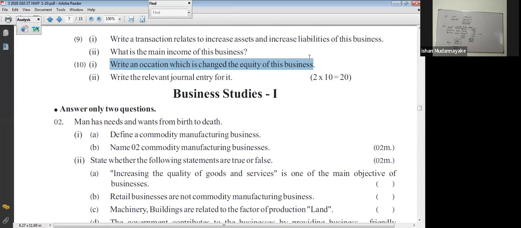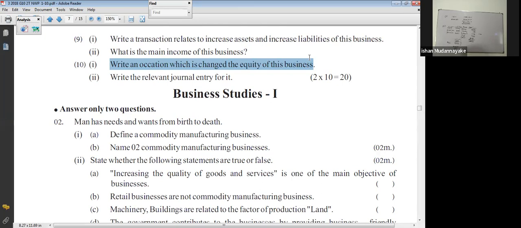Yes, 15,000 fuel drawings, and then providing capital to the business 1,300,000, providing a motor vehicle 3,500,000. But I think the best answer is drawings, 15,000.